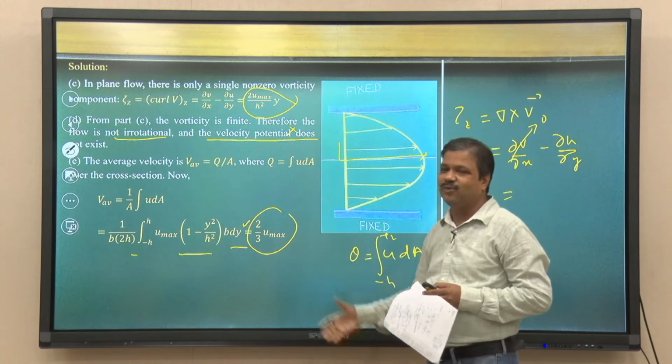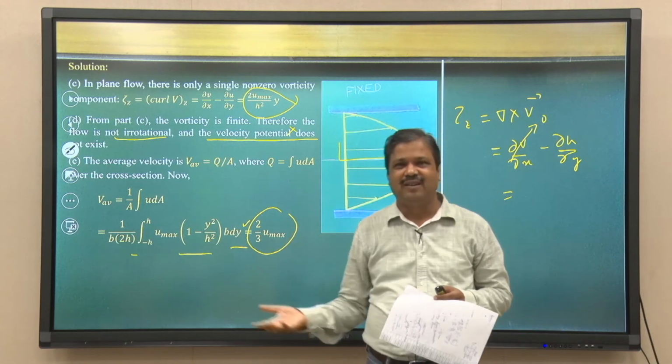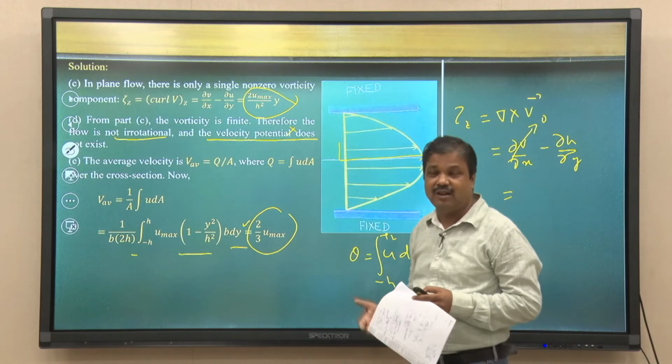We try to get what the average velocity will be, what the wall shear stress will be, what the stream functions will be, what the velocity potential function or the vorticity will be.